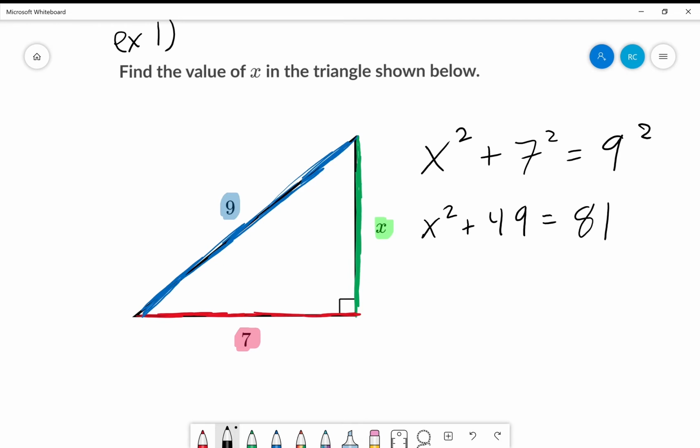Now, I see two steps here. Step 1, subtract 49 from both sides. 81 minus 49, let's see, we can do this without a calculator. 81 minus 50 would be 31. 49 is one less, so 81 minus 49 should be 52. Or, I'm sorry, should be 32.